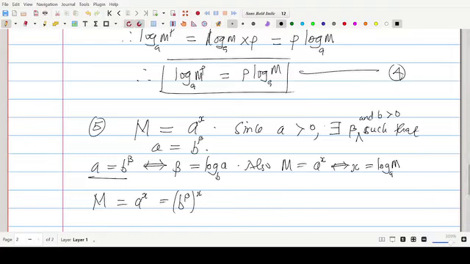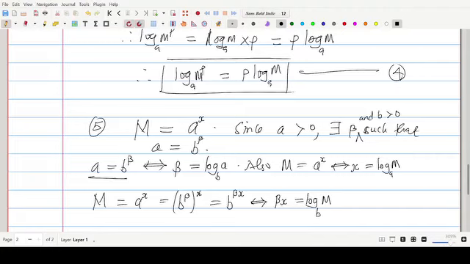Then this implies we have b to the power of beta x, which in equivalent form reduces to beta x equals log to the base b of m. So we now have this expression at hand.